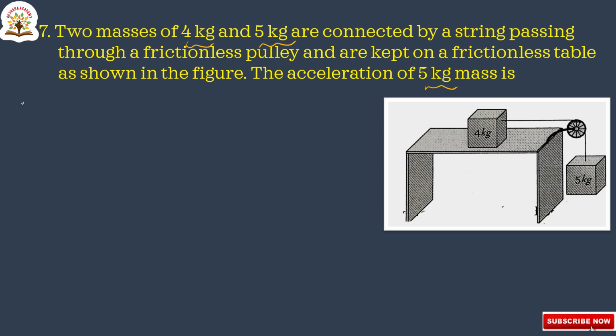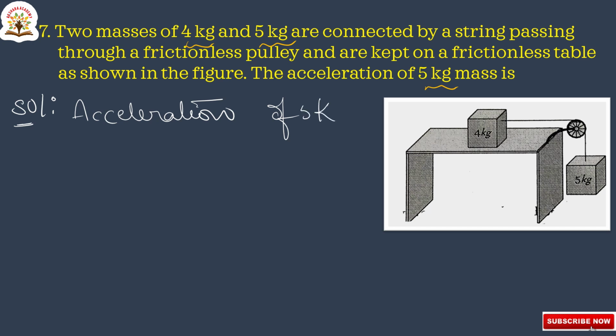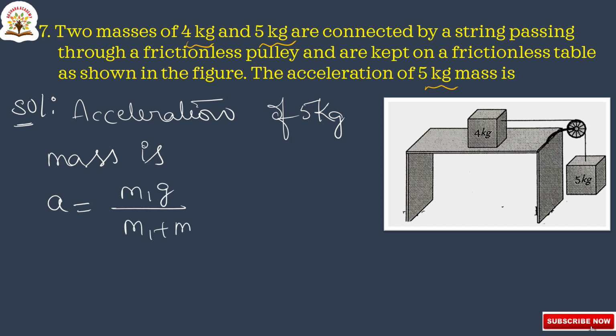Now let us go to the solution. Acceleration of the 5 kilogram mass is A is equal to M1G by M1 plus M2.